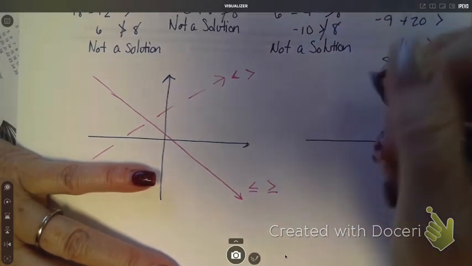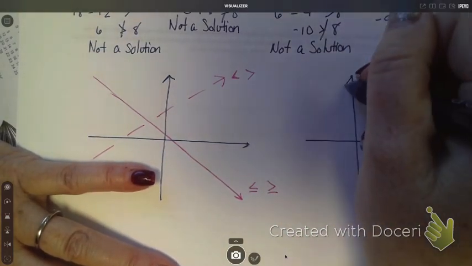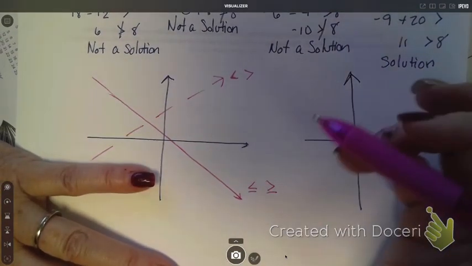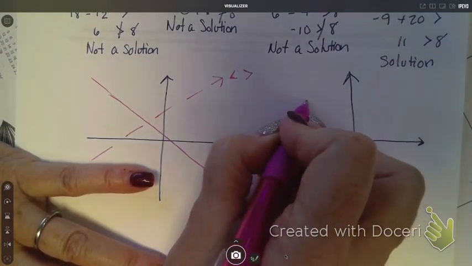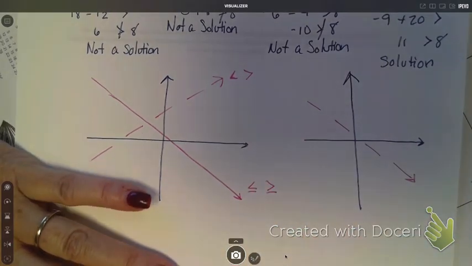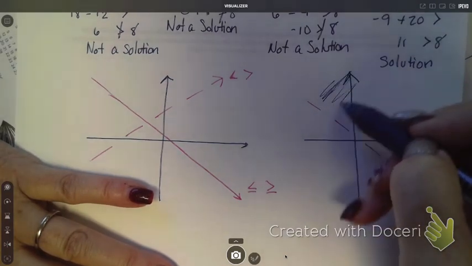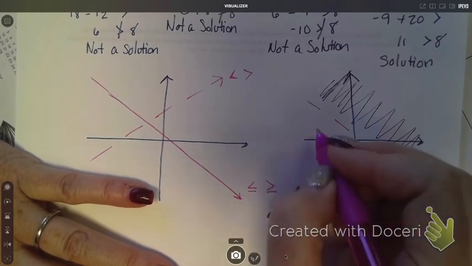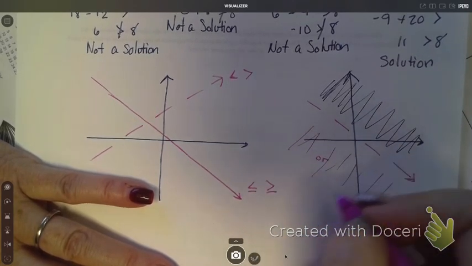We will have to test points like we did up here. So if I graph something and this is the line, my solution will either be above it or below it. You have to test the difference.